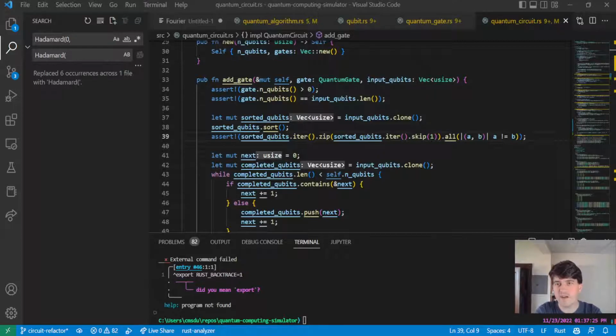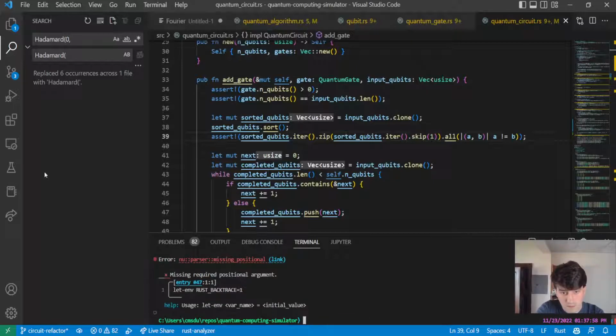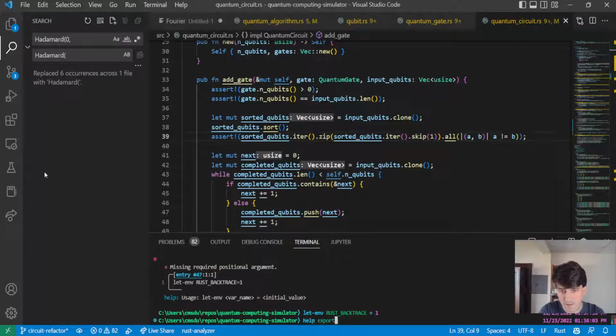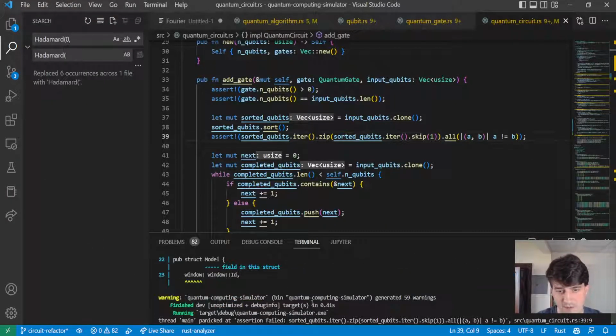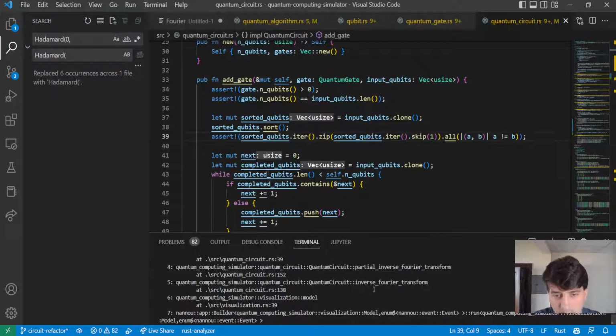How do I set an environment variable in Nushell? Set environment variable, let-env. So if I do let-env RUST_BACKTRACE equals 1, it doesn't like that. Do I need spaces? Okay, and now if I try this again, it dies, but I get my full backtrace. Okay, let-env, interesting. All right.